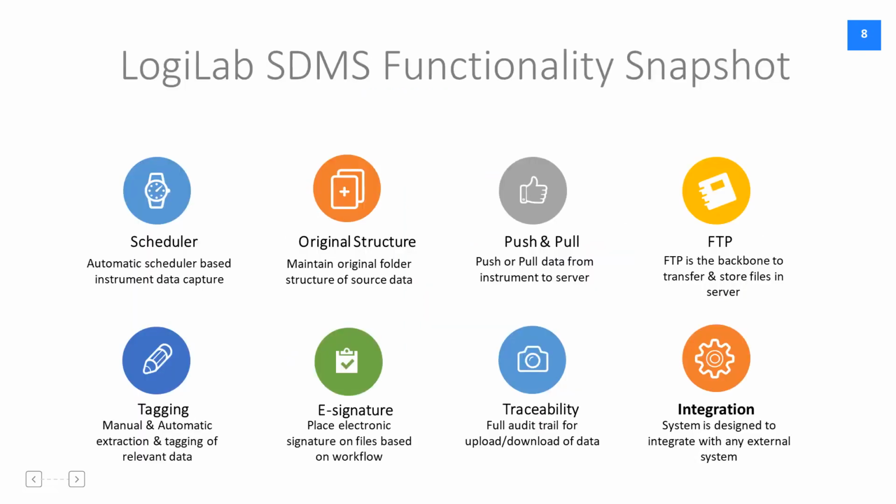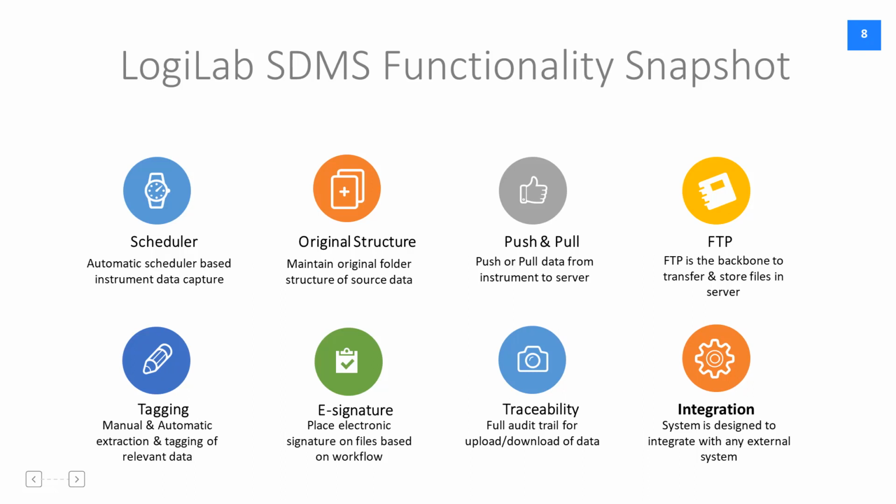Coming to a snapshot of the functionality of Logilab SDMS, Logilab SDMS has a scheduler, which is an automated scheduler for capturing instrument data, and Logilab SDMS storage structure is exactly a duplicate copy of the original folder structure followed by the instrument software.